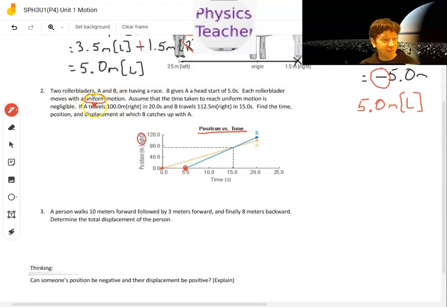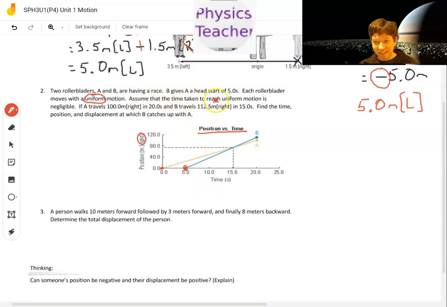It means their speed is the same, and if their speed is the same, that just looks like a straight line. If it's a horizontal line, it means their position isn't changing. And if we have a horizontal line at 40, well, it's remaining at 40, so that person's not moving anywhere. But if it's a diagonal line, it means they're moving, but they're moving with a constant speed, so unchanging speed.